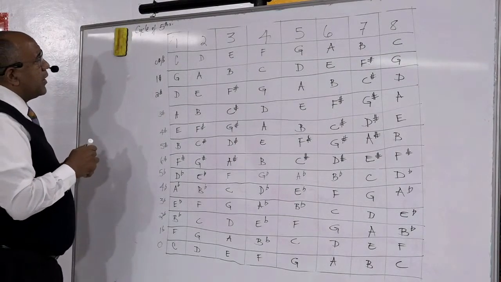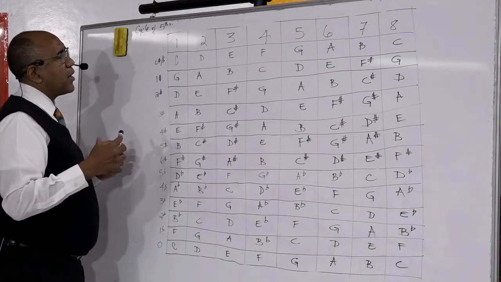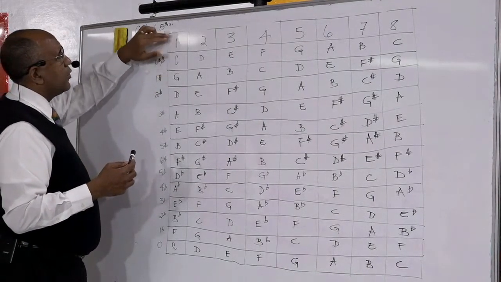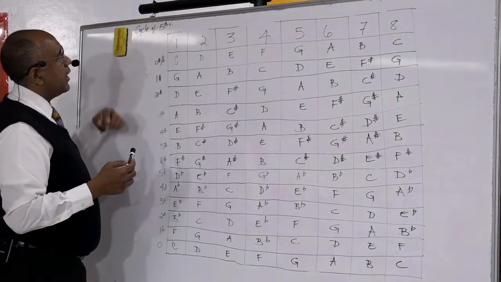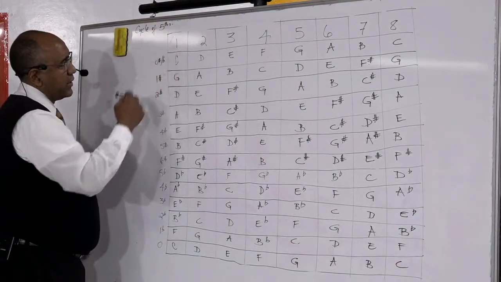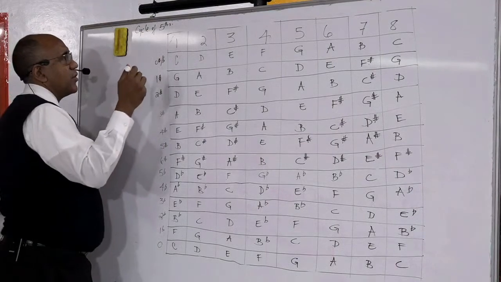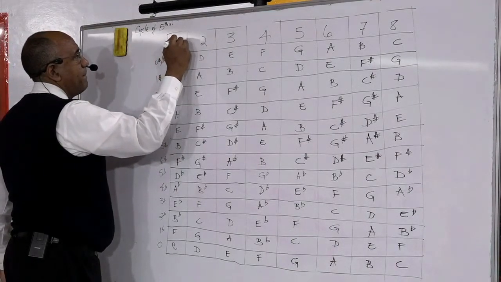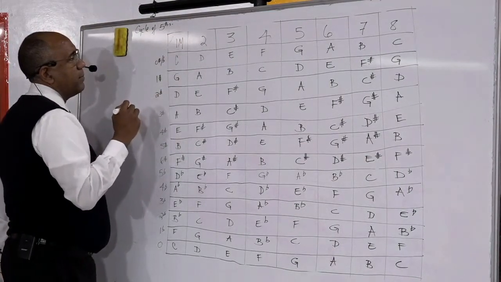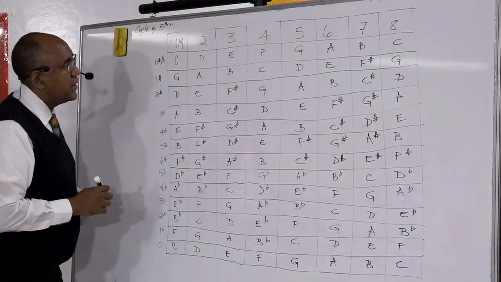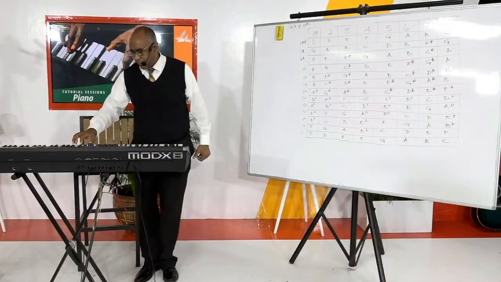Now, if you form a chord on the number 1 note, or the first degree of the scale, it's going to be a major chord. So let's put a big M for major on number 1. Number 1, which is C.